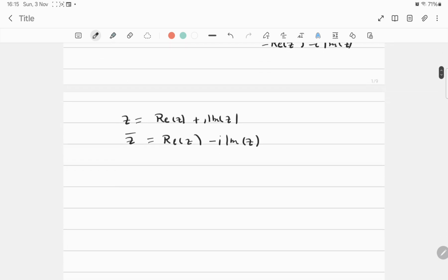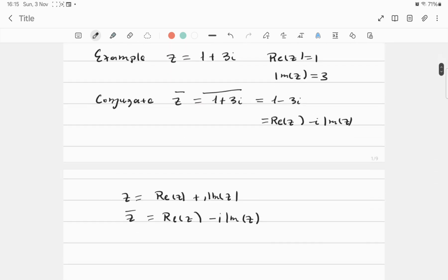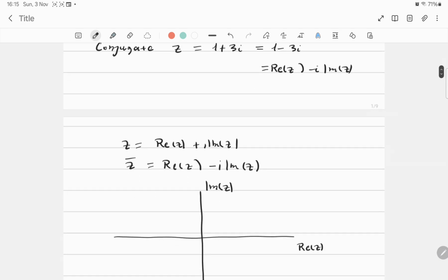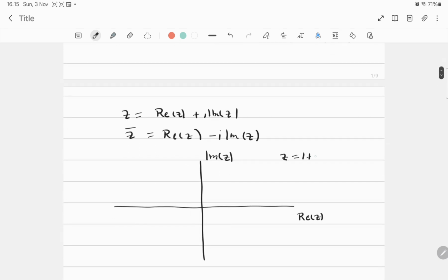Okay. How can we represent this? We can represent the complex numbers in the complex plane. This is the real part of z, and this is the imaginary part of z. So let's have a look at the complex number z equals 1 plus 3i.